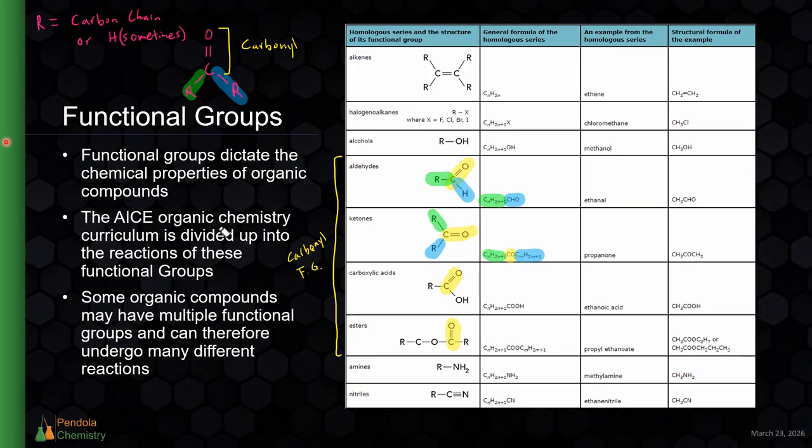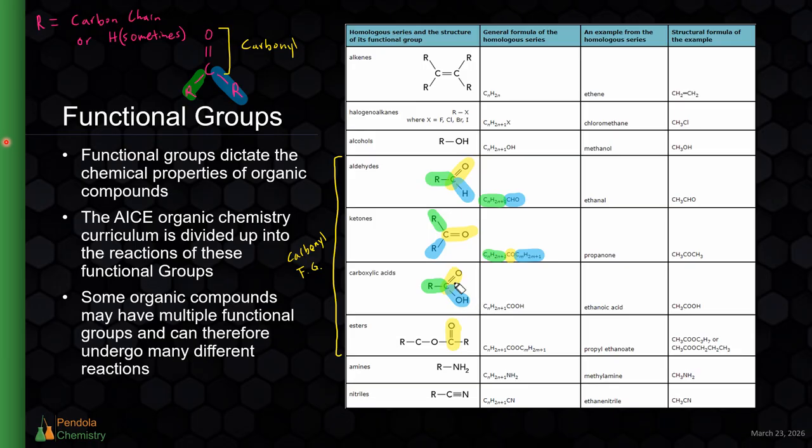For carboxylic acids, again, we still have that carbonyl group, the C double bond O. We still have a carbon chain that is the main body of our molecule. That's the R. But then that other R is no longer an R, it's a hydroxyl group, an OH.